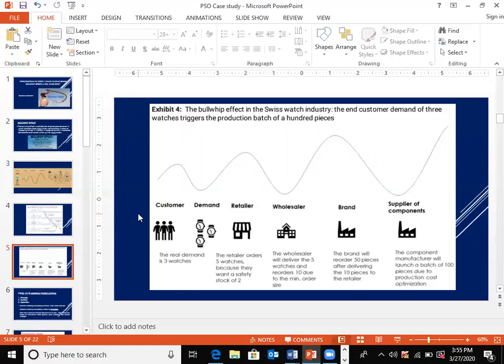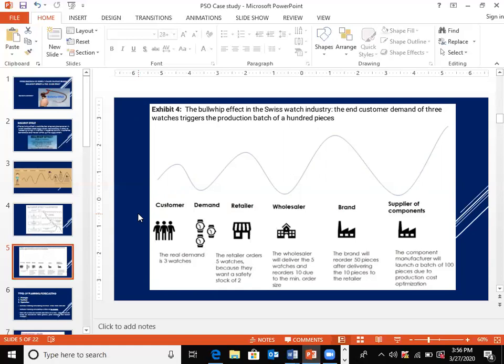And then the wholesaler delivers the 5 watches to the retailer, but then says, okay, well, I just went ahead and delivered 5 watches. That's great. Seems like there's demand for these kinds of watches. So you know what? Let me reach out to that particular brand or company, and instead of placing an order for 5 watches, let me place an order for 10 watches.